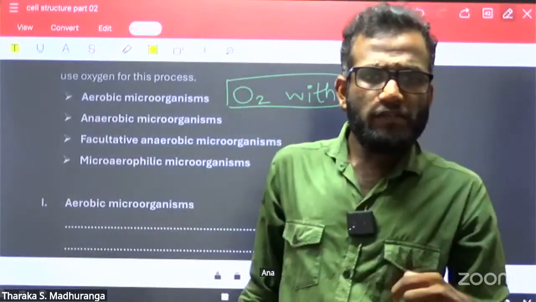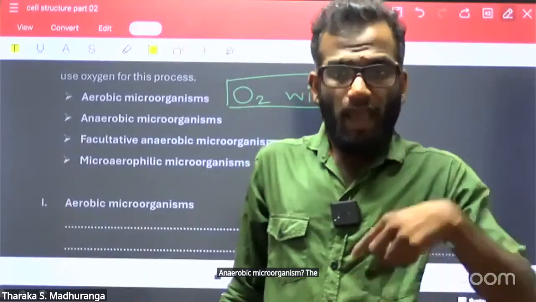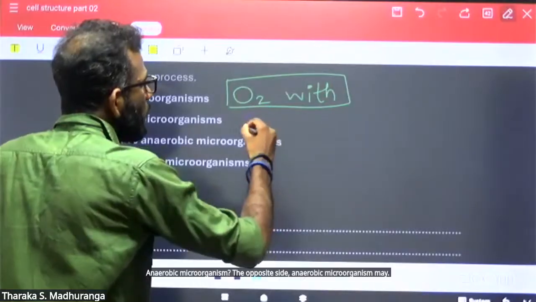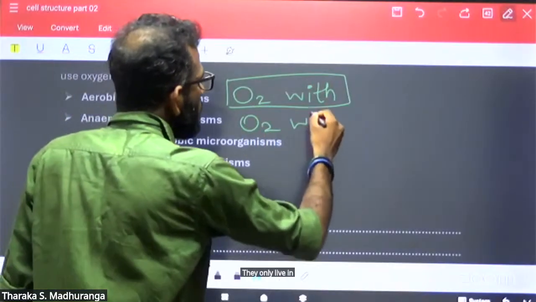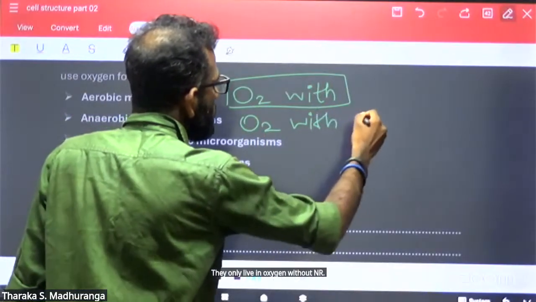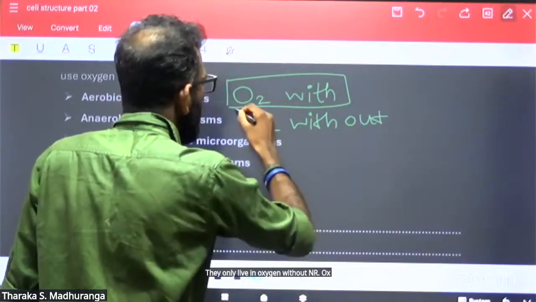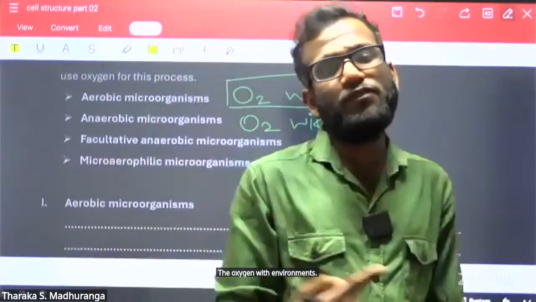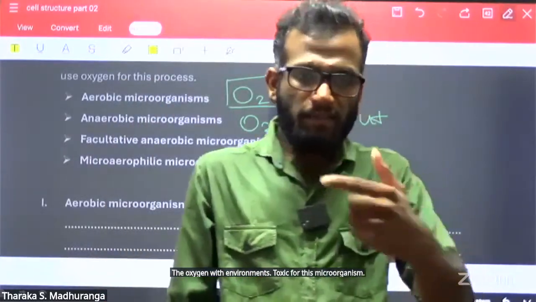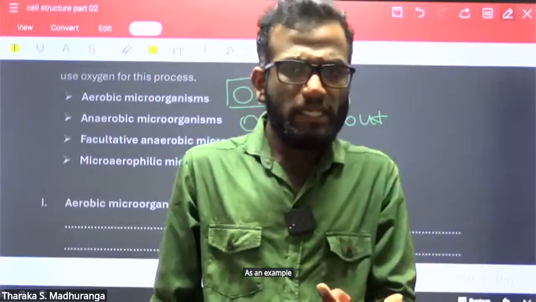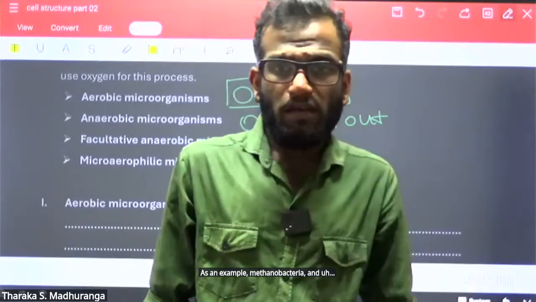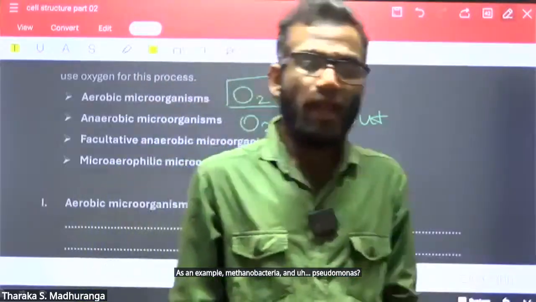Anaerobic microorganisms are the opposite. Anaerobic microorganisms only live in an environment without oxygen. An environment with oxygen is toxic for these microorganisms. As examples, methanobacteria and pseudomonas are anaerobic microorganisms.